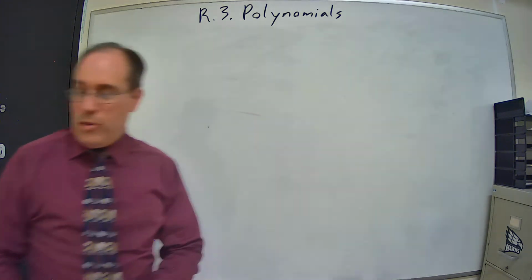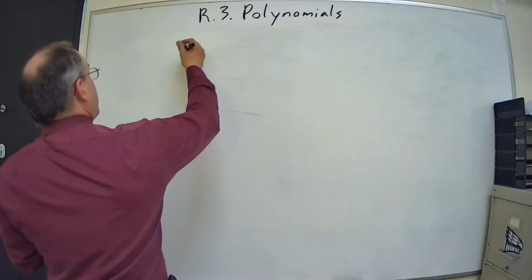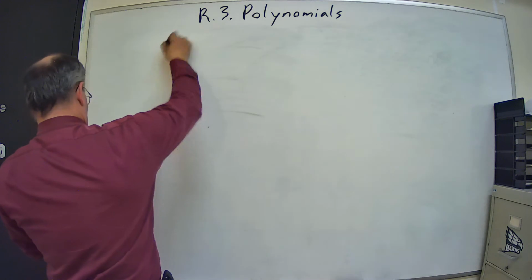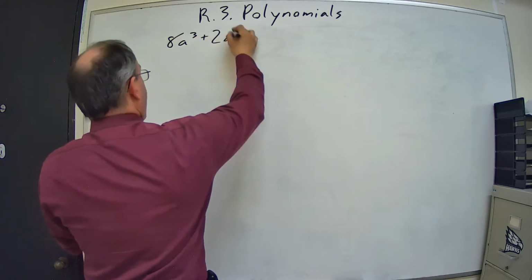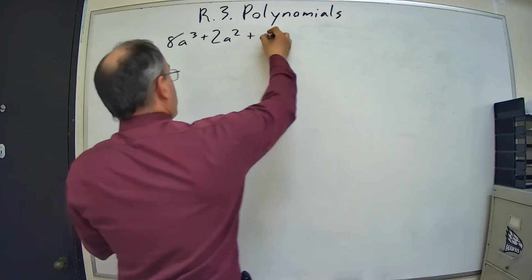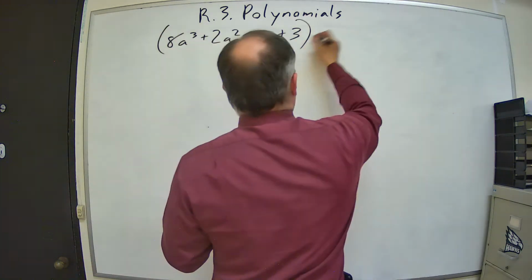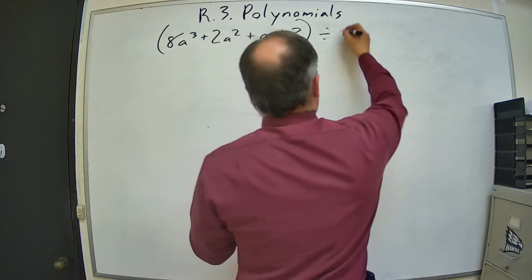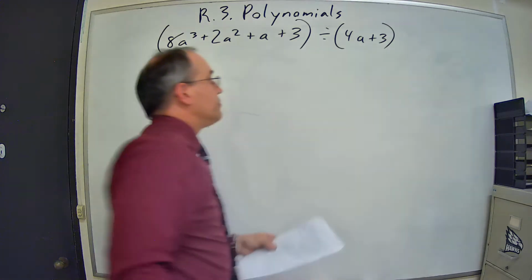So let's take a look at one. I'm going to grab one that I already have on hand. So what if we have 8a cubed plus 2a squared plus a plus 3 divided by 4a plus 3.